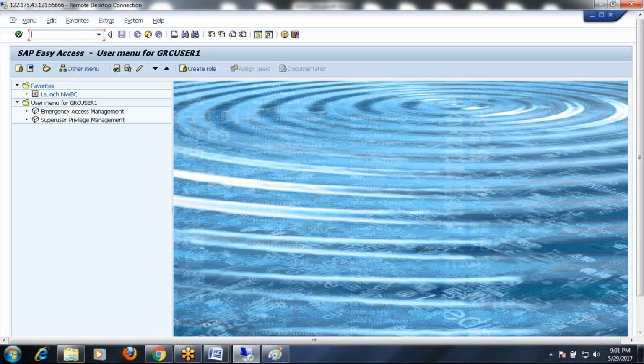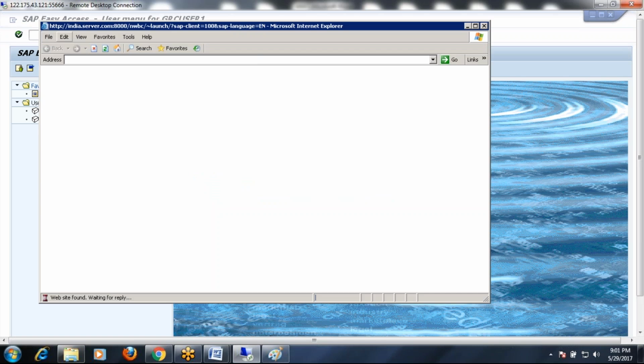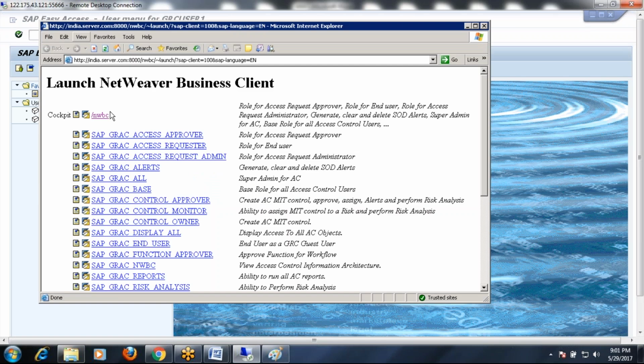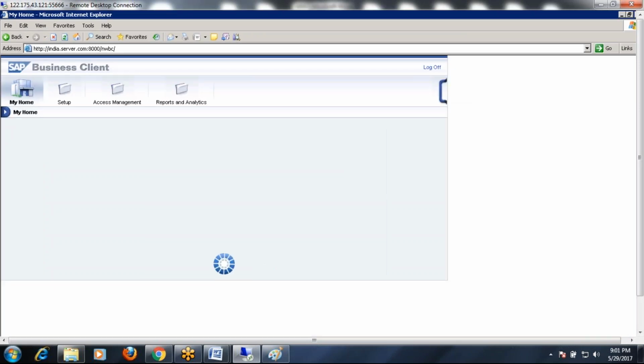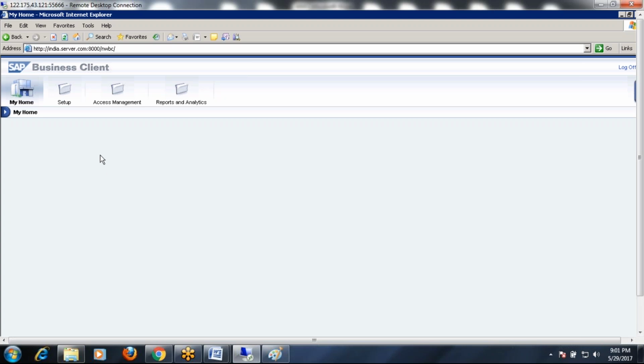So the T code where you find all these things in the front end part is NWBC. NWBC stands for NetWeaver Business Client. This is the front end screen of GRC, where you find all the risk information. So click on NWBC cockpit. Yeah. So this is the front end page of GRC.